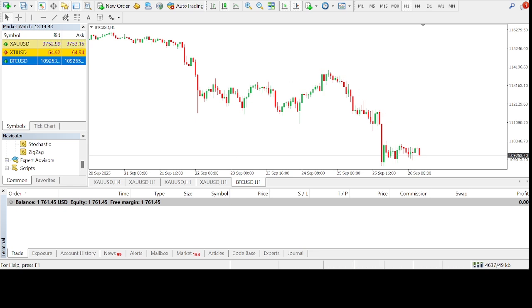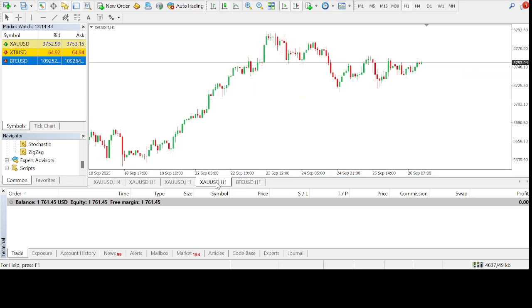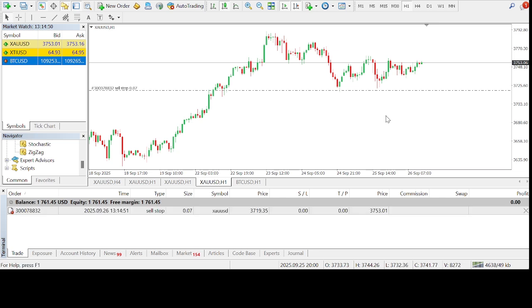So let's take gold as an example. You want to place your sell stop order, so you just need to identify where.